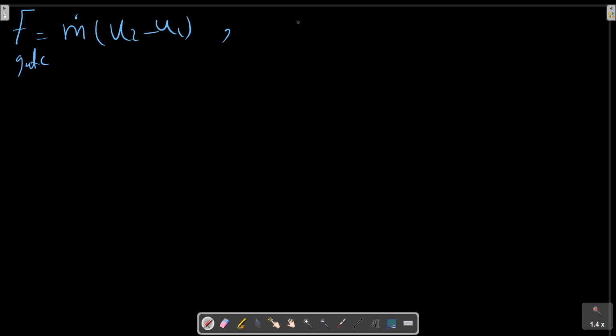We have an expression for m dot equal to rho u1 A1, which is H1 B, and also m dot equals rho u2 H2 B. So we can replace it in the formula and obtain this relation.